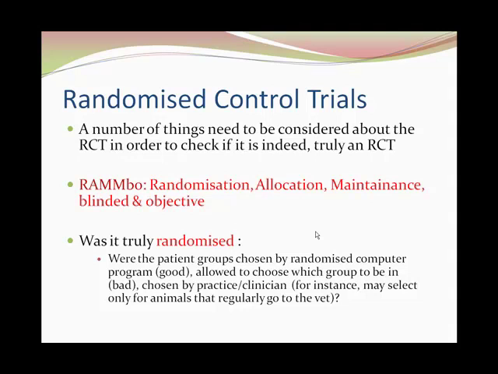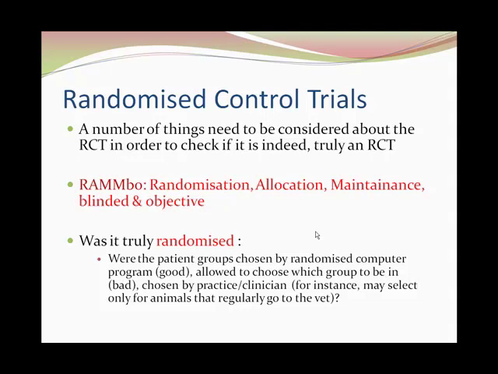So randomization means, were the patients that were picked for this trial picked in a completely randomized method, and are they representative of all of the population in, say, the UK. So if they were chosen by a randomized computer program, this would be good.